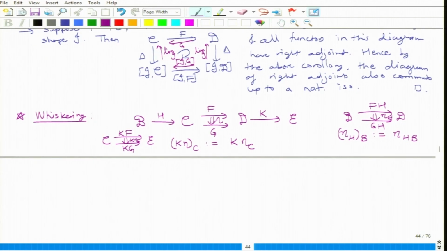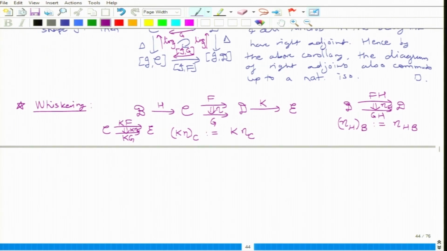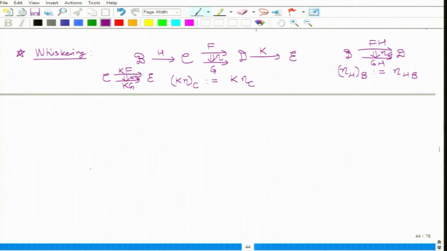The natural transformations, and horizontal morphisms are functors. Okay, if you understand this, then we are now ready to give a characterization of adjoint functors. Yes. Eta H is a natural transformation. Can we write eta H in the form of eta and an identity natural transformation? Yes, that is precisely what it is.